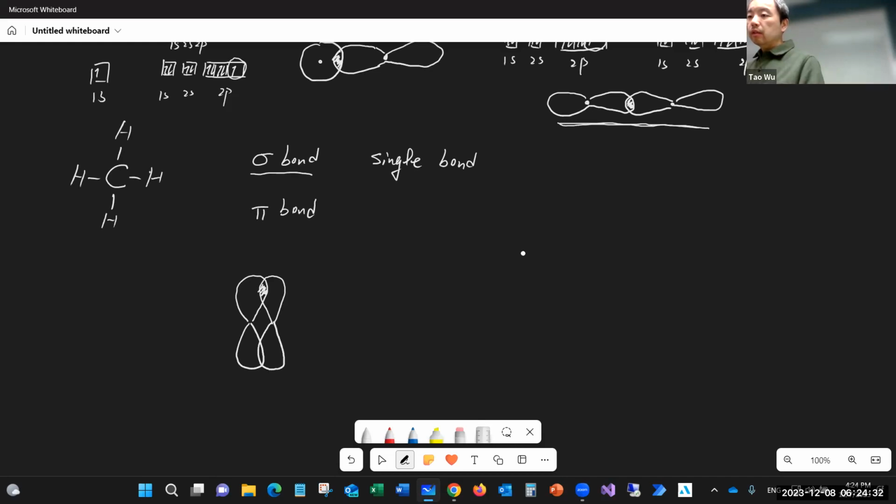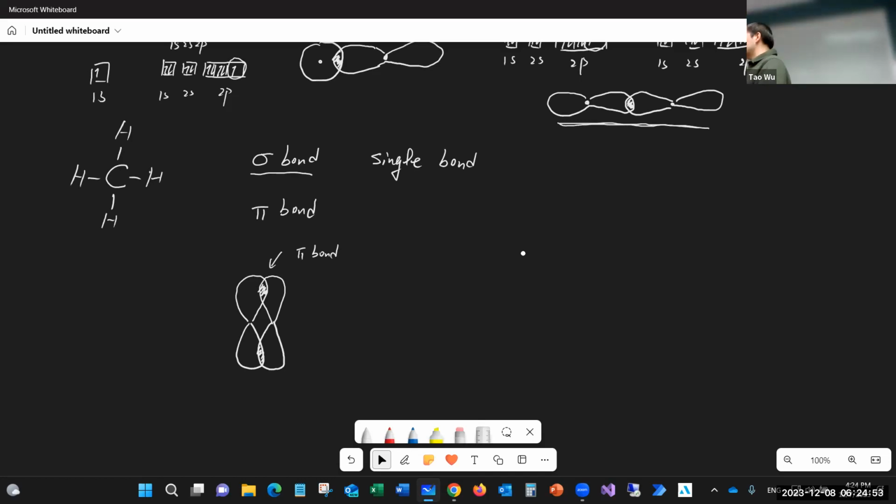So you see, this and this overlap together. This is what we call a pi bond. So P and P side-by-side overlap is called the pi bond.